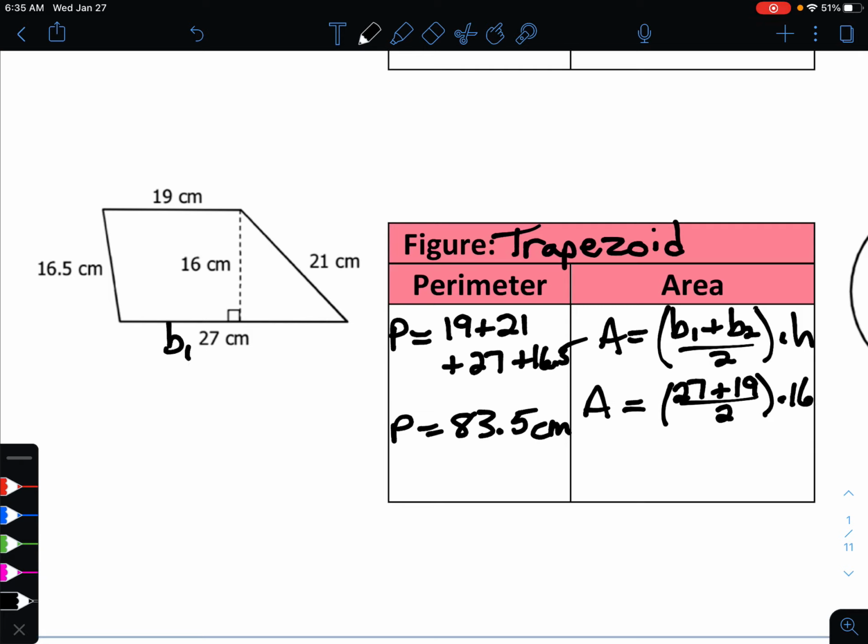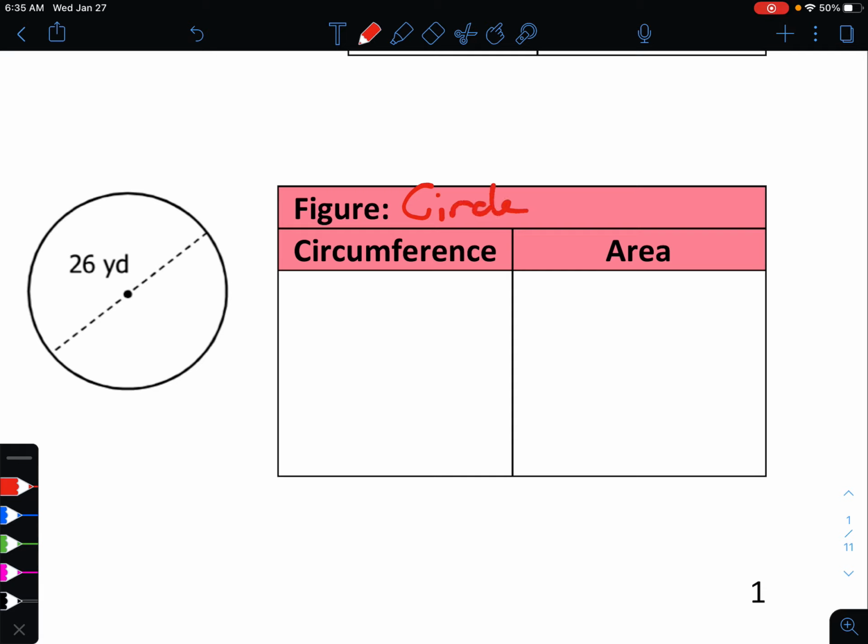All right, for our last example on this side, we're going to take a look at a circle. So let's go ahead and find all those values for that. So with the circle, remember that our circumference is equal to either 2 pi r, or in this case, it would probably be easier to use the second formula, which is to take your diameter multiplied by pi.